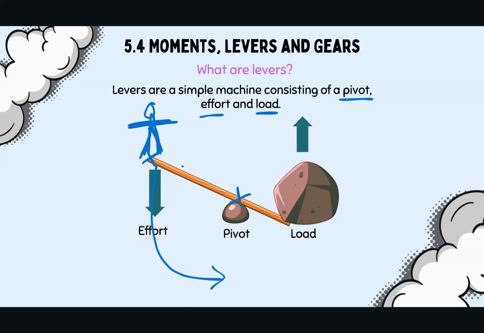Whatever the force of that person downwards multiplied by the distance from the pivot is the force that's going to be applied to this rock, this load. And that means this part here that's underneath the rock will also move anti-clockwise to move it out of the way.